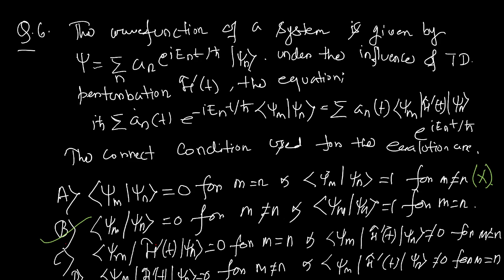So the third option is correct: it is 0 when m is equal to n, and non-zero when m is not equal to n. The fourth option is incorrect.